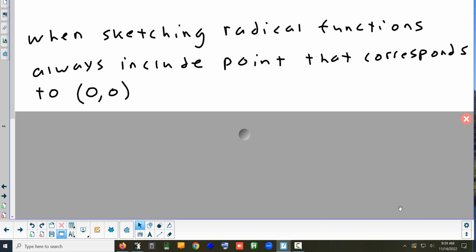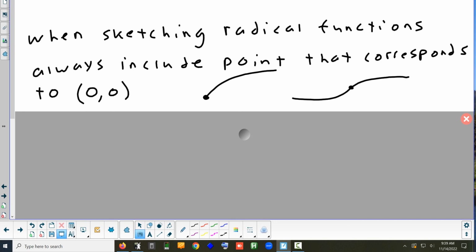If it's an even function, I call that the start point, because it starts there and then goes in one direction. If it's an odd function, I call that the center point. So for an even function, it's a start point. For an odd function, it would have been what's right in the middle, the center.